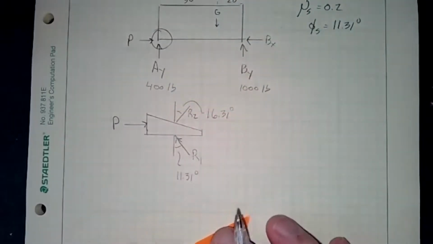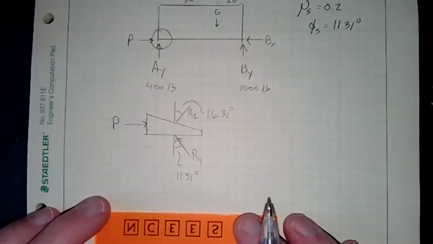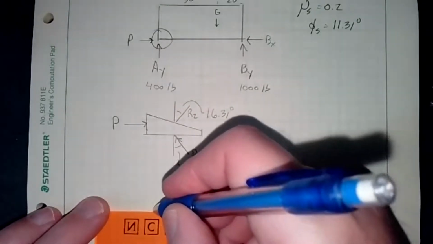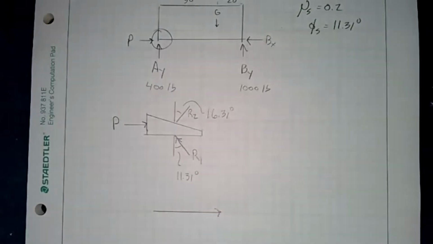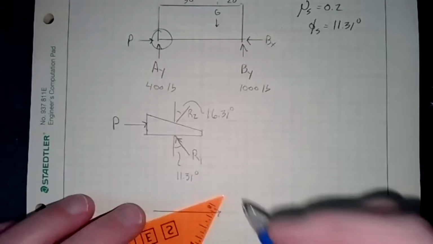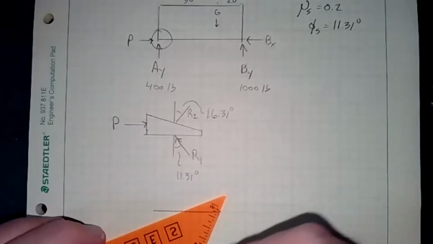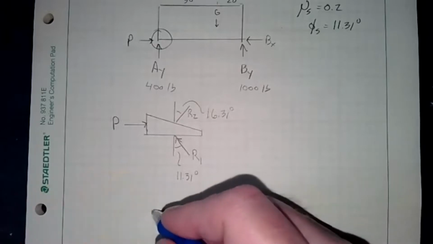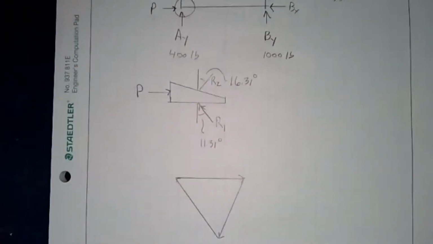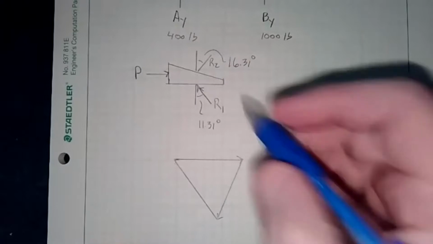So if we draw our force triangle, it looks kind of like this. Again, it doesn't matter which P on the top of the box. So there's P, and I'll move my paper in a second. So I know I have P.